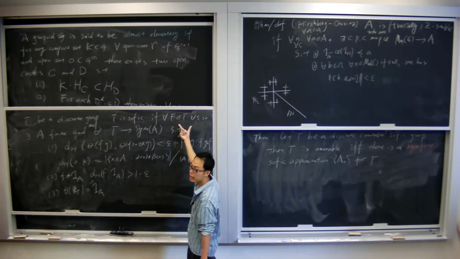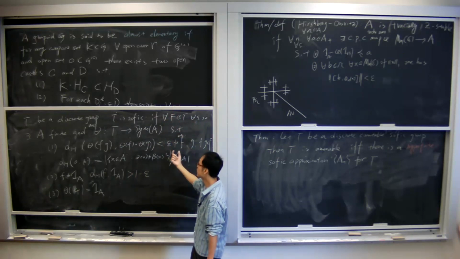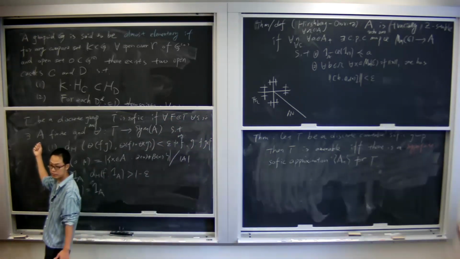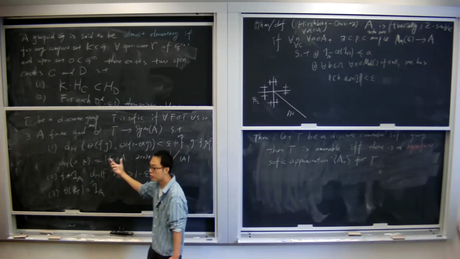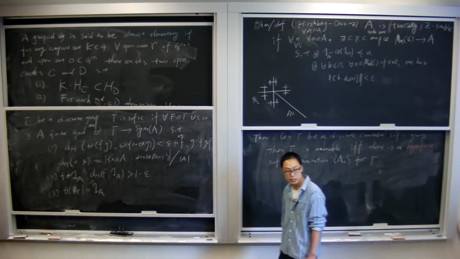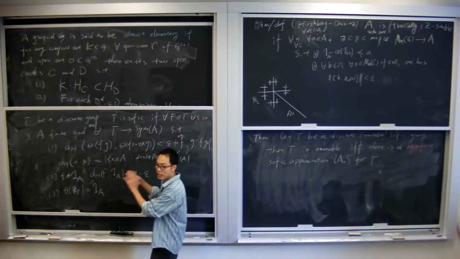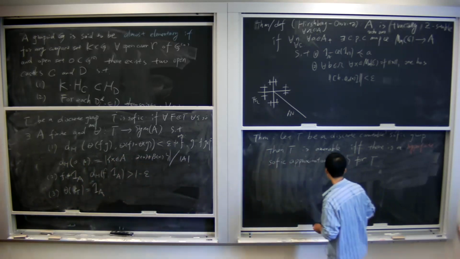Such a pair, F_n increasing and epsilon_n decreasing, will give you A_n. Such an A_n is called the sofic approximation because it approximates your gamma better and better.